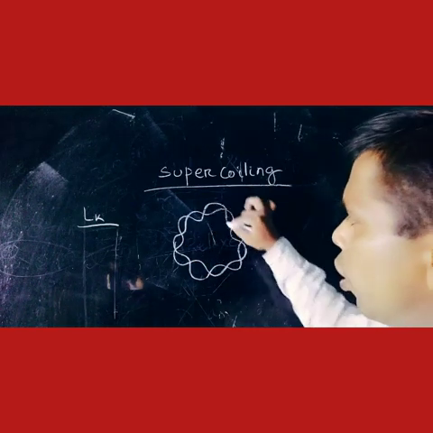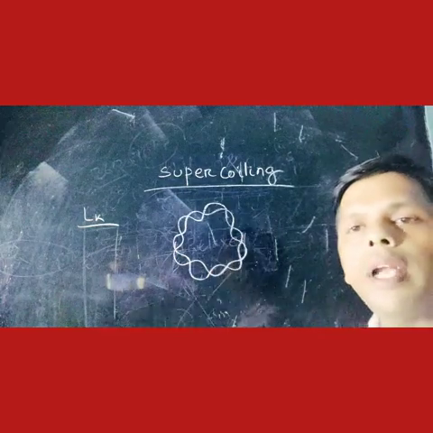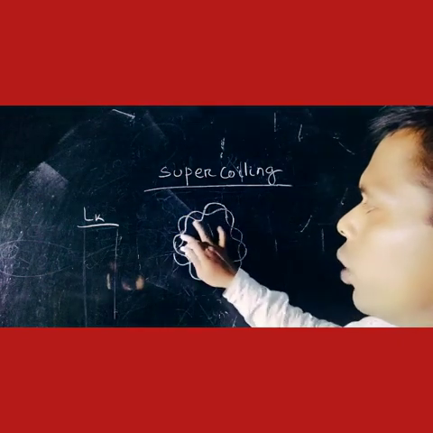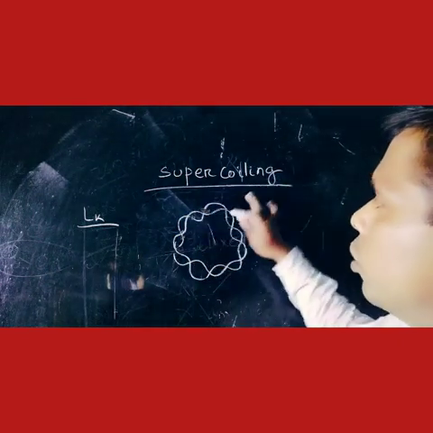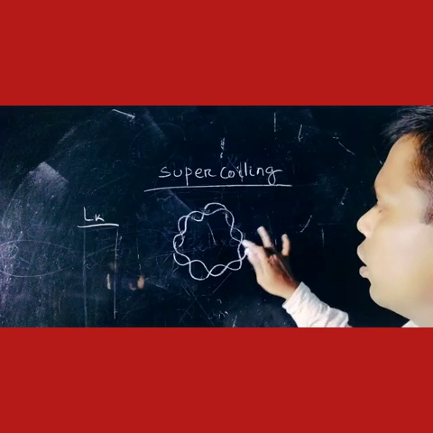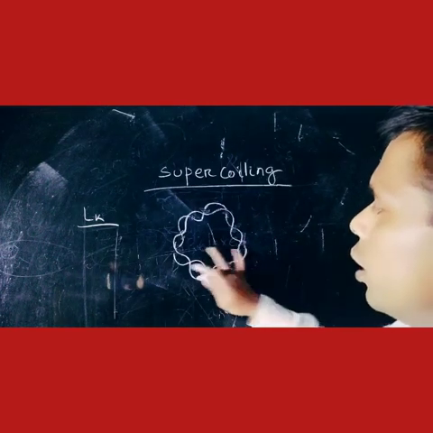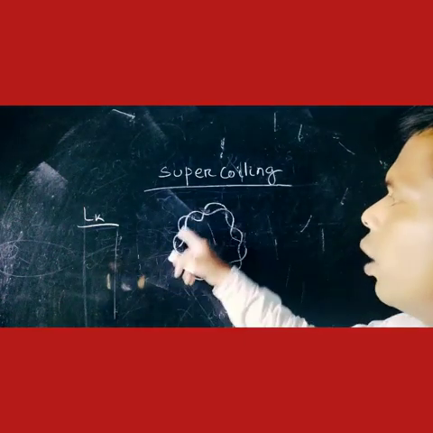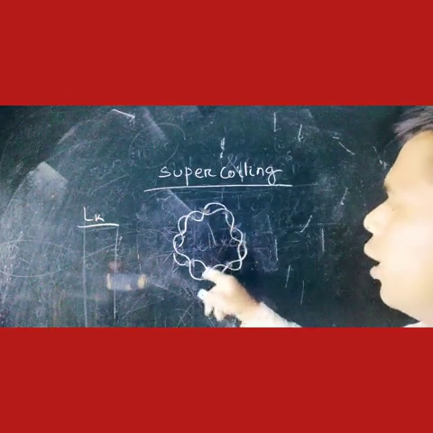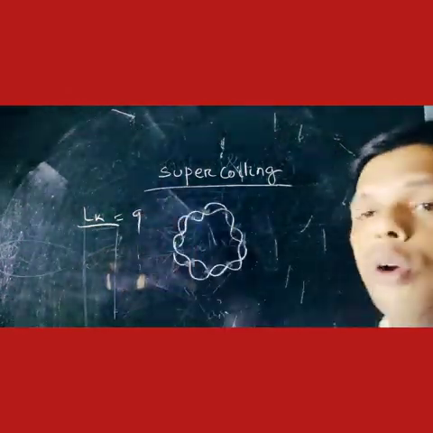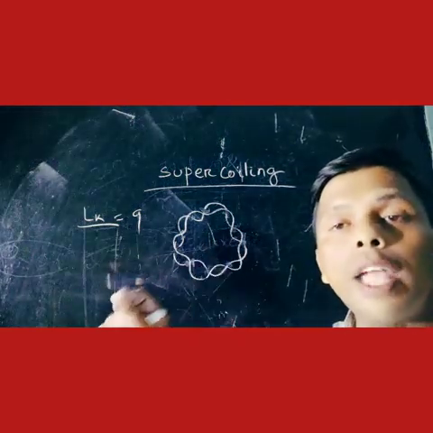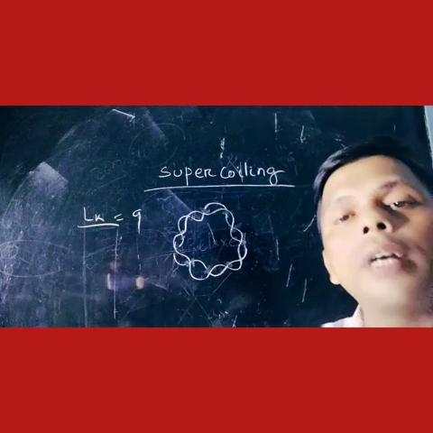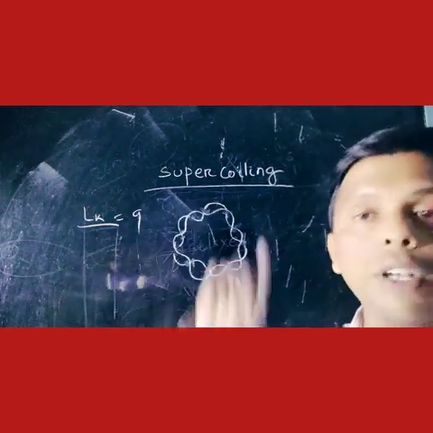Suppose we have to cut here, here, here, here, here, here. After cutting in these places, how many times? 1, 2, 3, 4, 5, 6, 7, 8, 9. So the linking number is 9. When we can cut 9 times in the relaxed form of the double helix, we can separate one strand from the other. It is called the linking number.